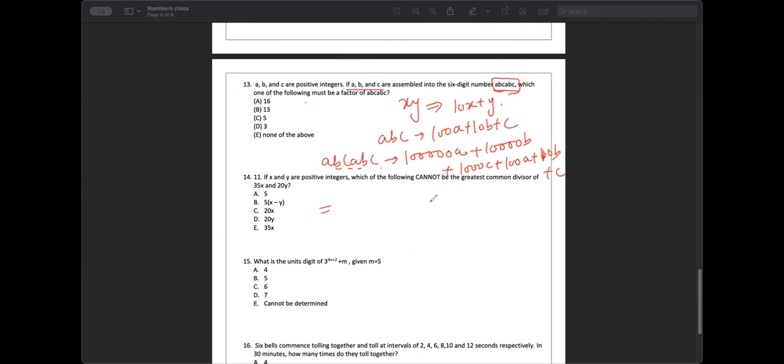Okay, so it will become what? Did we write it correctly? Yeah.